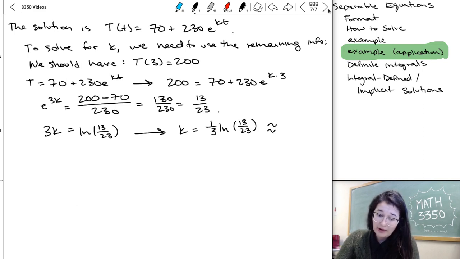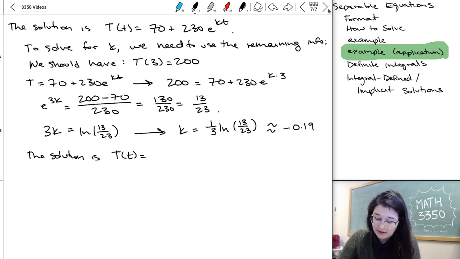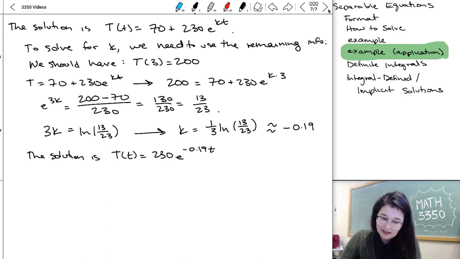And that's going to be approximately minus 0.19, I wrote in my notes. So the solution is, the temperature is 230 e to the minus 0.19t plus 70.